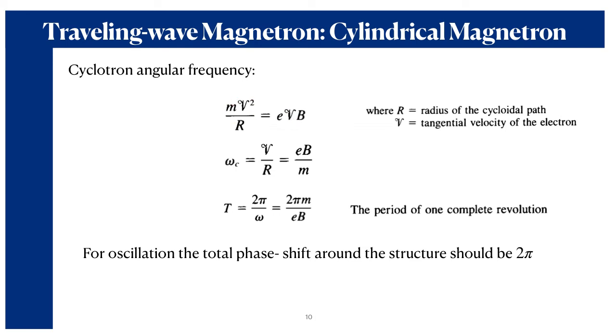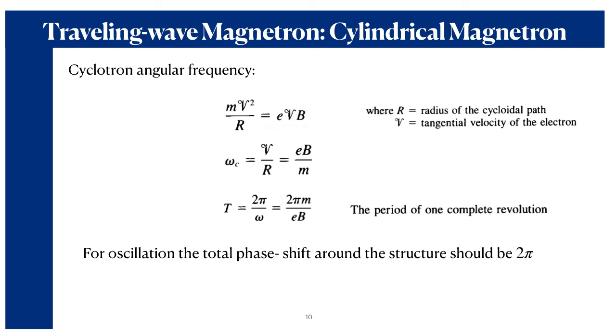So this is the centrifugal force, m v square divided by R, where capital R is the radius of the circular path that the electrons describe while moving. So m v square divided by R represents the centrifugal force, whereas that force is being balanced by the magnetic force associated with the velocity.